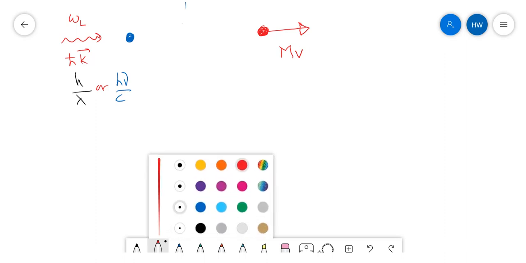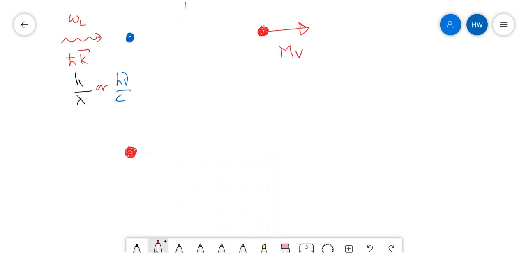Now let's look at the reverse. Atom in the excited state. This is prior to the atom giving up its energy. And after the spontaneous emission process, the atom comes down to the ground state. Not just that, it gives away the photon in some random direction. So the photon not only takes away the energy h bar omega L, it also carries with it the momentum h bar k in a direction.